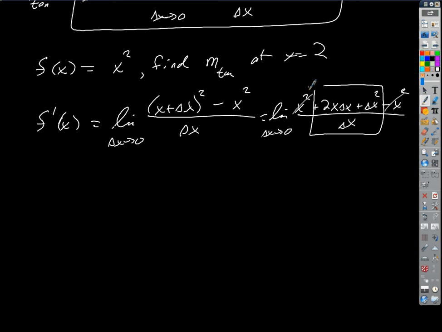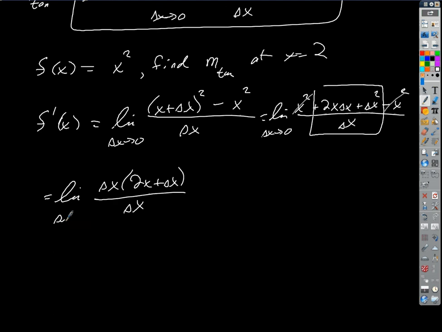What can I do now? Factor out a delta x. Good, because that's what I've got to cancel, isn't it? Right? So I get the limit of delta x times what on the top? 2x plus delta x, divided by delta x. Okay?